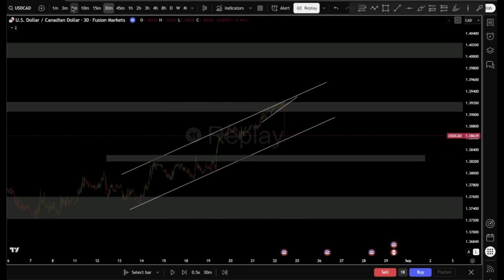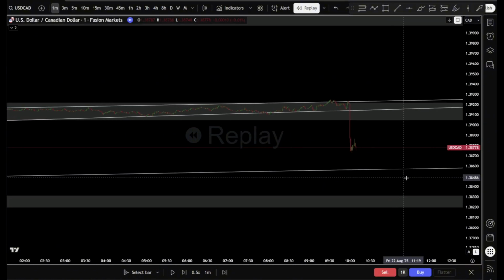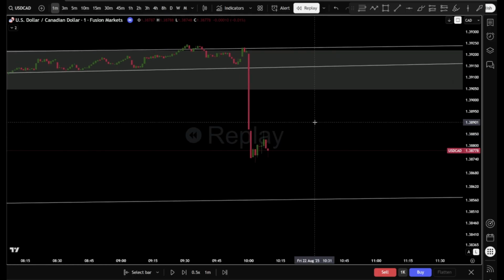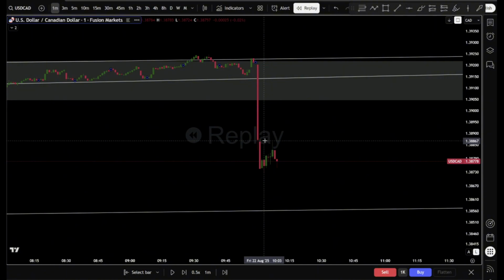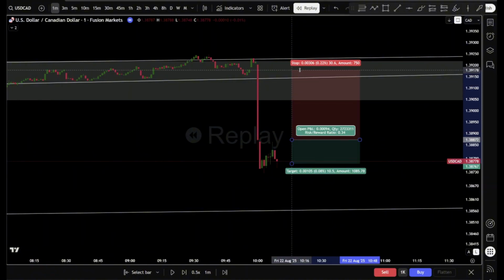Then we will go back to the 1-minute. And over here, we would have come in at the break of the trend line and still between the channels, as you see. We would have come in right here. Stop loss either right here or here.